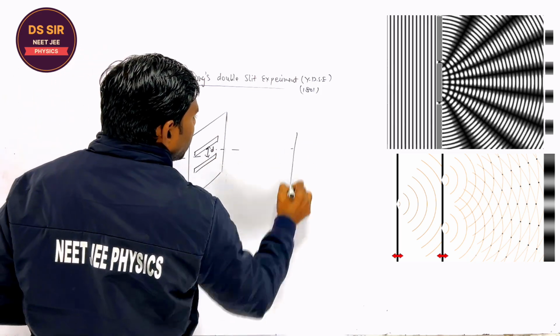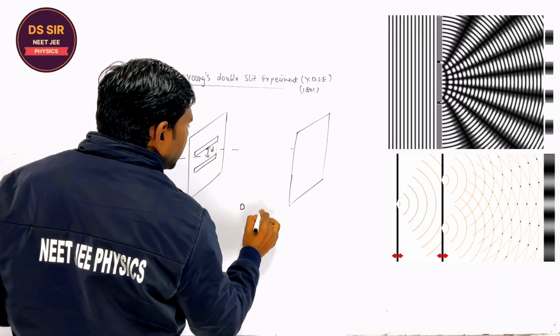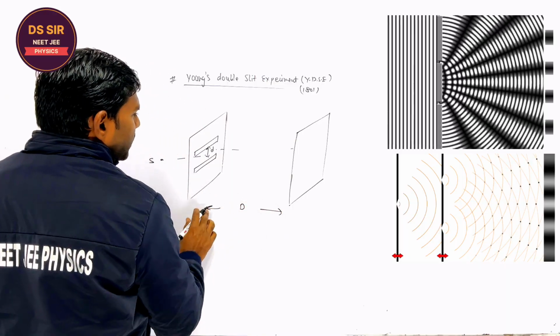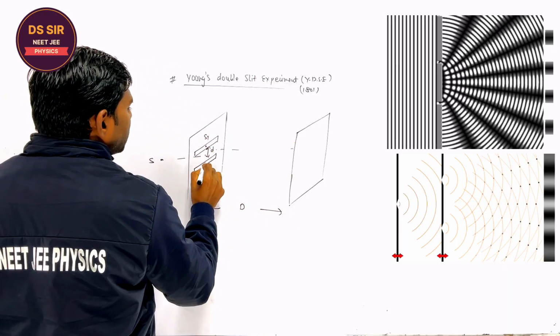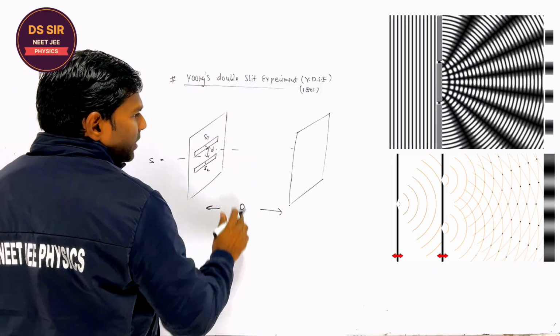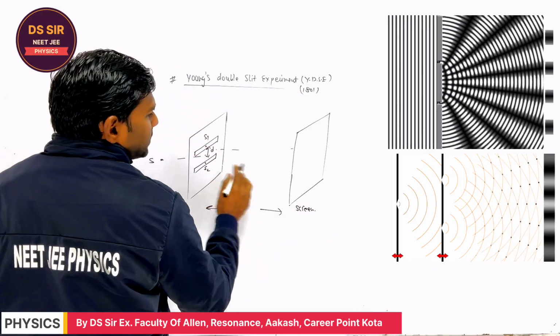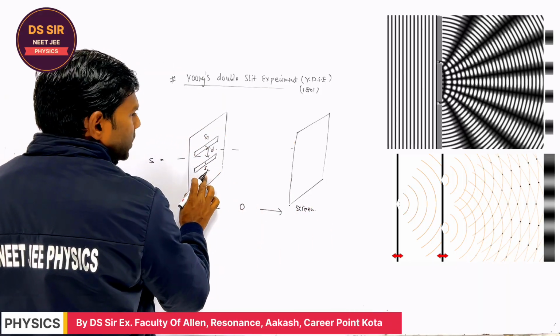This is the slit S1, this is the slit S2, these are rectangular slits, and the screen is placed at separation capital D from these two slits.